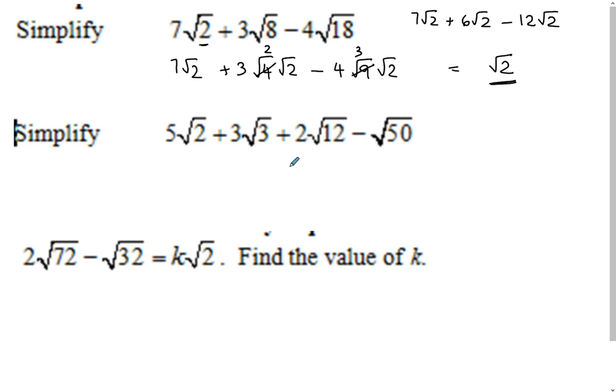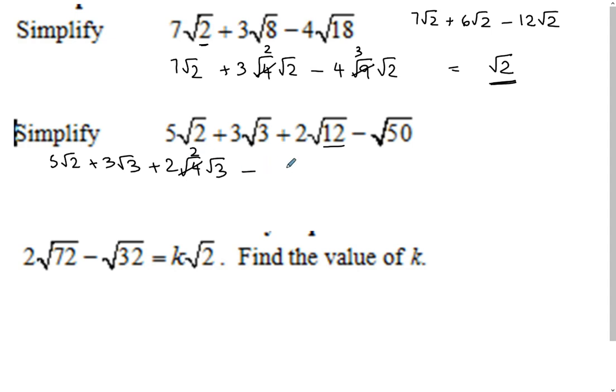Yeah? Sometimes you get a combination of surd 2's and surd 3's. So let's say we've got 5 surd 2 plus 3 surd 3. So those don't need to be simplified. But here we've got 2. And you look at that 12. And again, it's one of those you should know off by heart. So you know that's surd 4, surd 3. So that gives you 2 there.